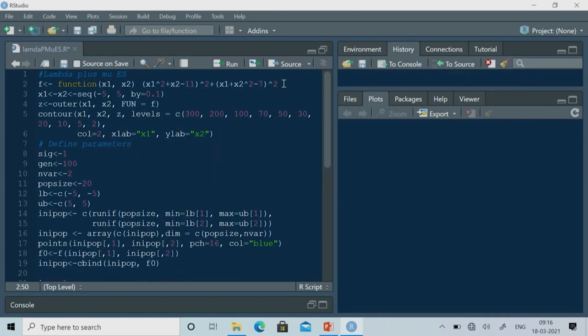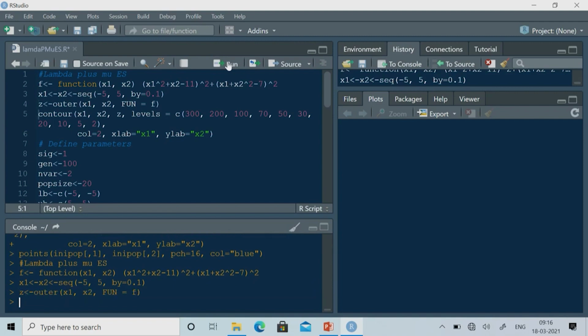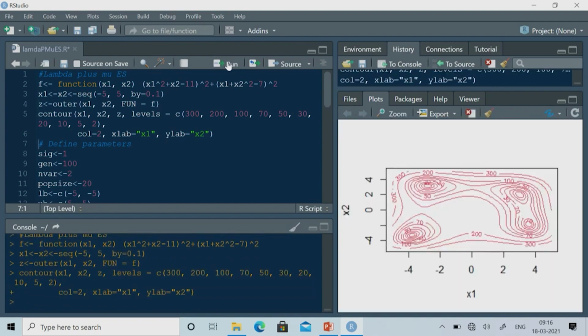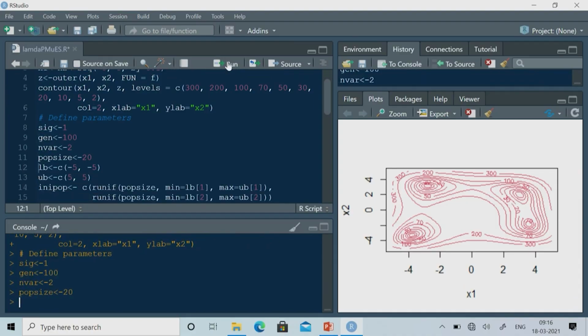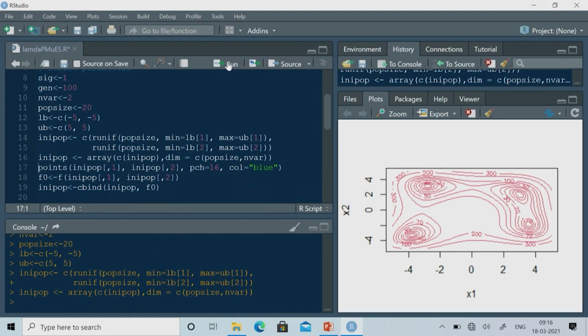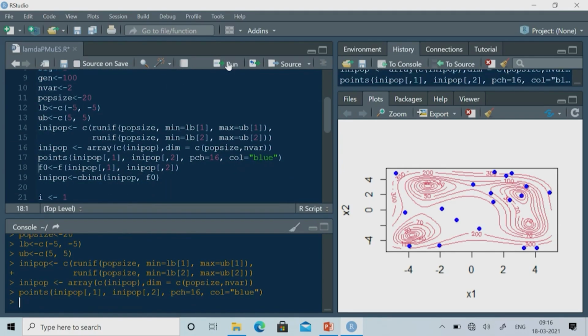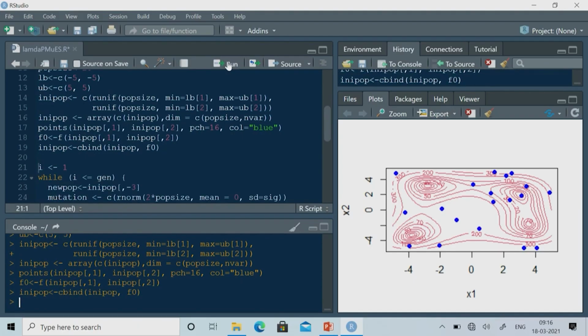The first is the objective function, then I define x1, x2, calculate the z value, then the contour map, then define sigma, generation, number of variables, population size, lower bound, upper bound, and initial population, making an array. Then I plot this initial population over the contour map, calculate the function value and store it in initial pop. I create another column, and then I run the while loop.